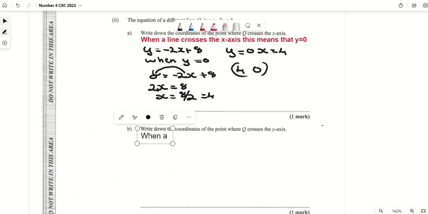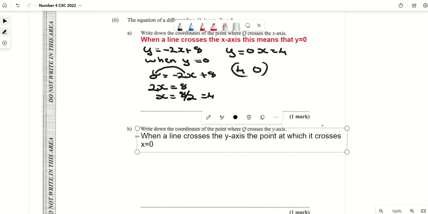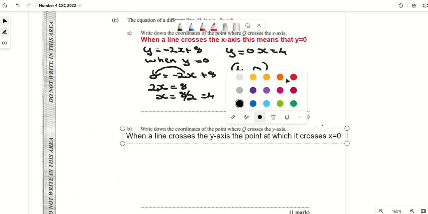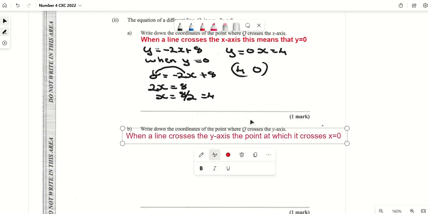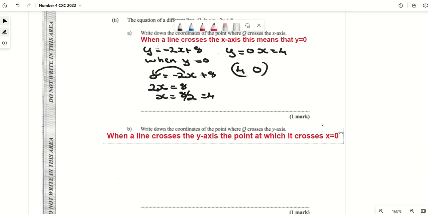Right, so when a line crosses the y-axis, the point at which it crosses, x is equal to 0.